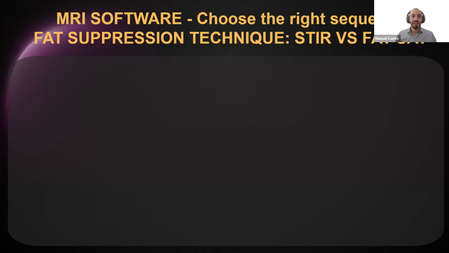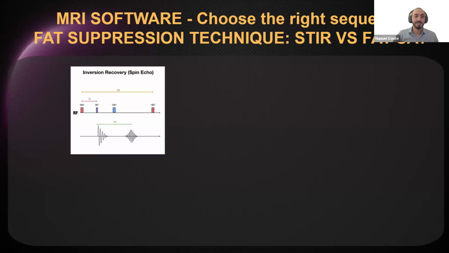Okay, fat suppression techniques: STIR against fat sat sequences. We have inversion recovery sequences. An inversion recovery is a turbo spin echo sequence, but instead of starting with a 90-degree RF pulse, we start with a 180-degree refocusing pulse.